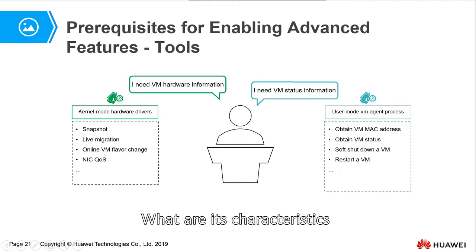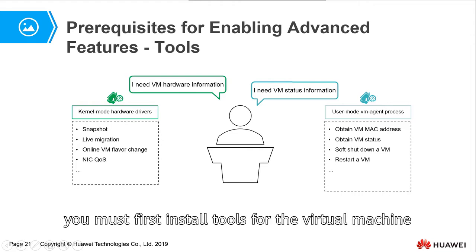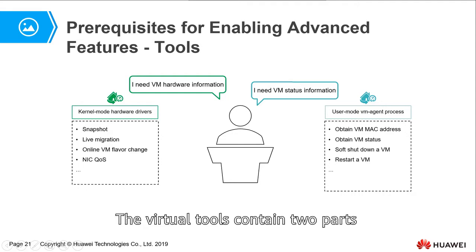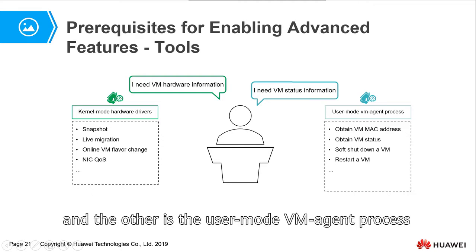What are its characteristics? In Huawei's virtualization products, if you want to implement these advanced features, you must first install tools for the virtual machine. The virtual tools contain two parts. One is the kernel mode hardware driver, and the other is the user mode VM agent process.